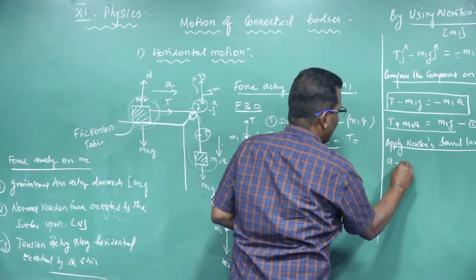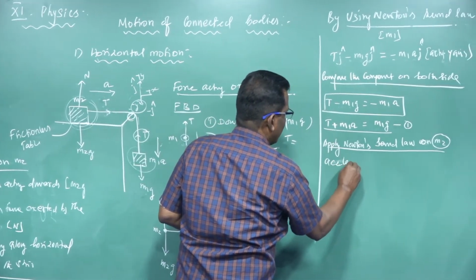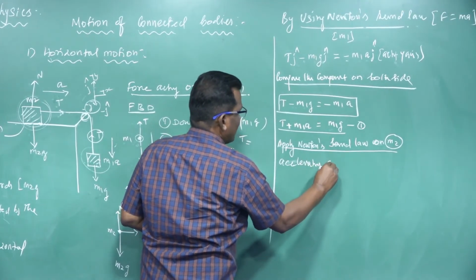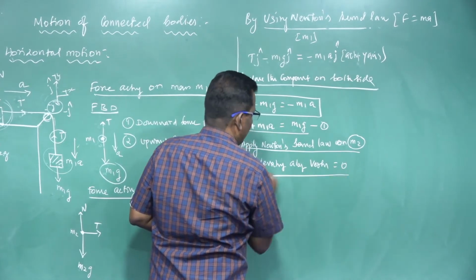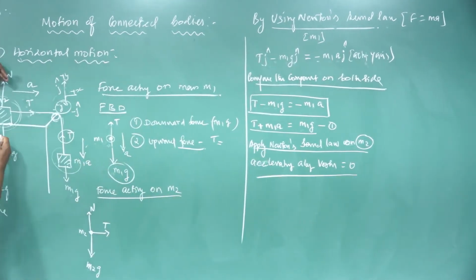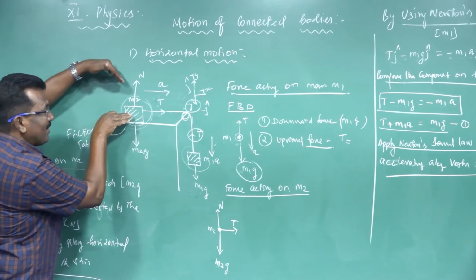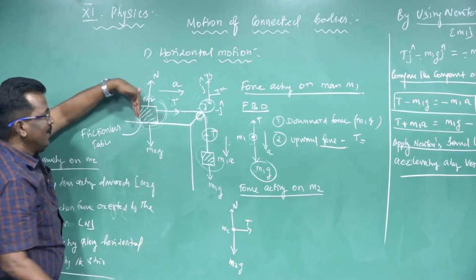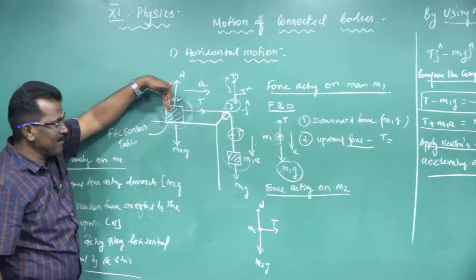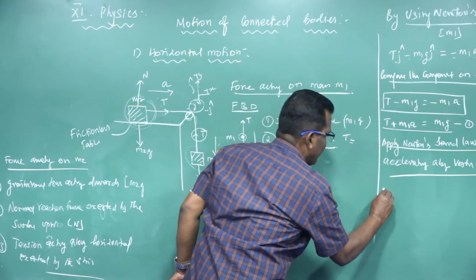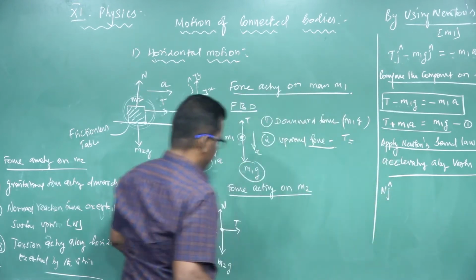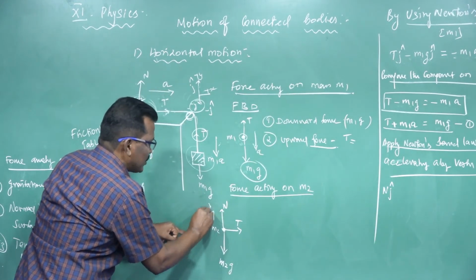In the vertical direction, the acceleration of the body becomes 0, and there is only acceleration along the horizontal. So now compare the components. N j cap, because it is along the positive y-axis.